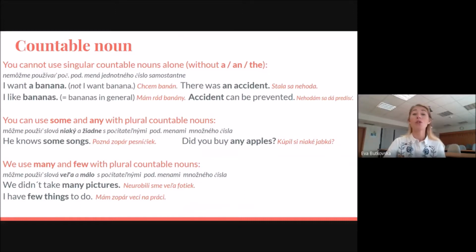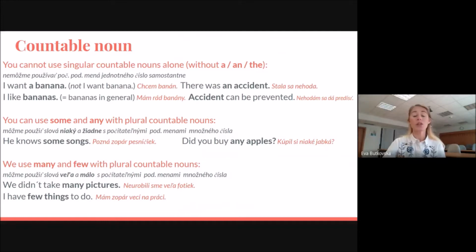If you want to use a plural countable noun, we can really use it alone. That means I like bananas, or accidents can be prevented. In this case, I don't really need to add an or a or the. So this is an important rule that you need to understand. If it's singular, we need to add a or an, and when it's plural, we don't.